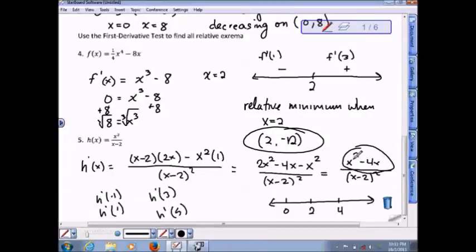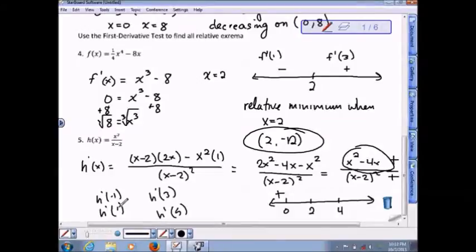So we plug in a -1. -1 squared is positive. -4 times -1 is positive. So a positive in the numerator. Now, this denominator is being squared, so regardless of what happens in the parentheses, squared it always becomes positive. So the denominator will always yield something positive. Positive divided by a positive is a positive interval.